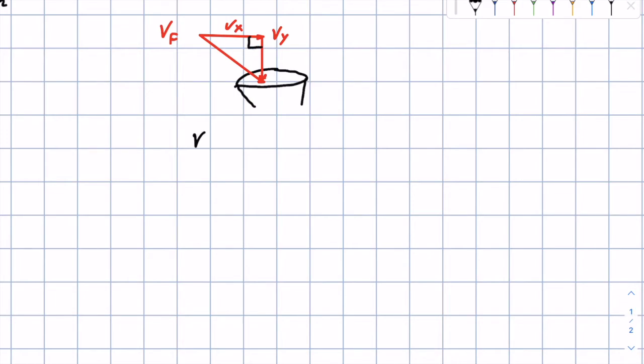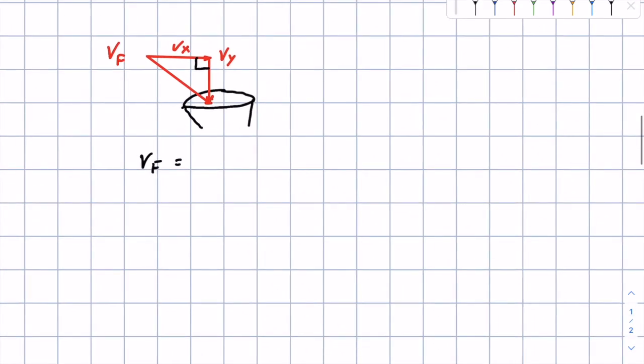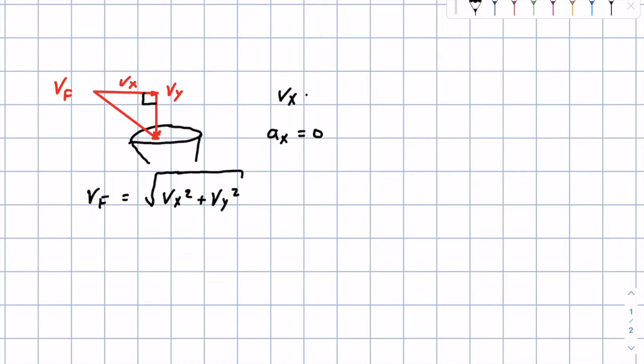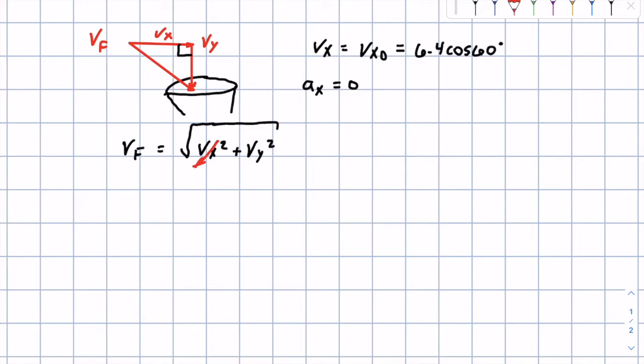We know that the magnitude of Vf, the impact velocity, because this is the hypotenuse, is equal to the square root of Vx squared plus Vy squared. All right, so because acceleration in the x direction is 0, we know that Vx final is equal to Vx initial, which is 6.4 cosine 60 degrees. So we can make that substitution here, 6.4 cosine of 60 degrees.